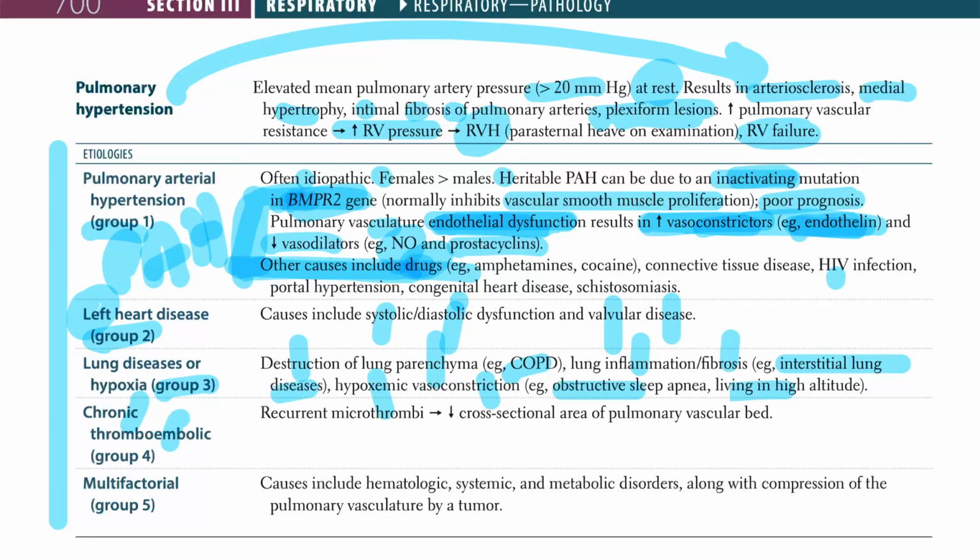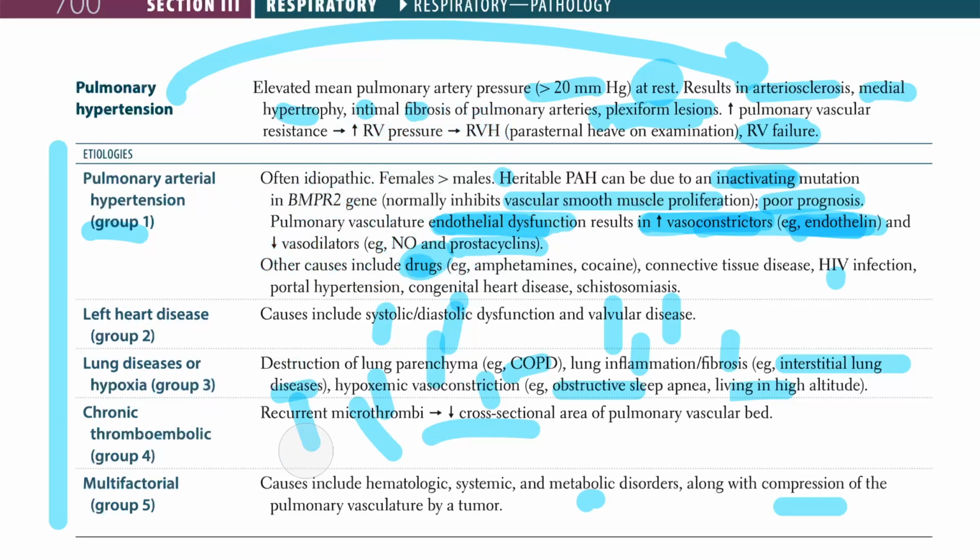The other one is chronic thromboembolic disease, recurrent microthrombi causing a decrease in the cross-sectional area of the pulmonary vascular bed. Multifactorial causes include hematologic, systemic, metabolic disorders, along with compression of the pulmonary vasculature by a tumor.